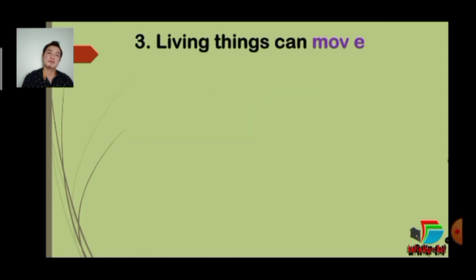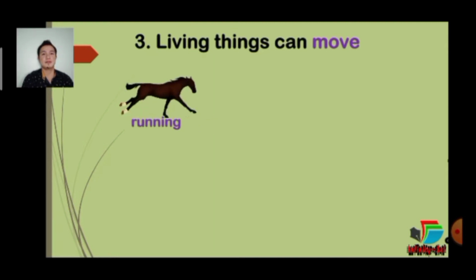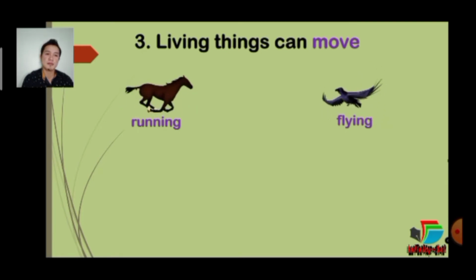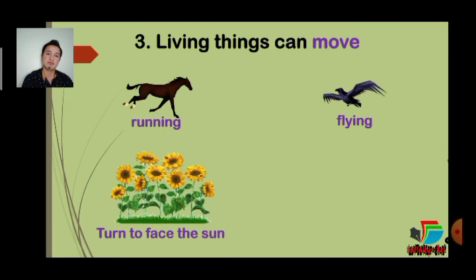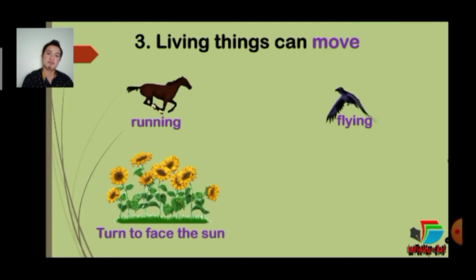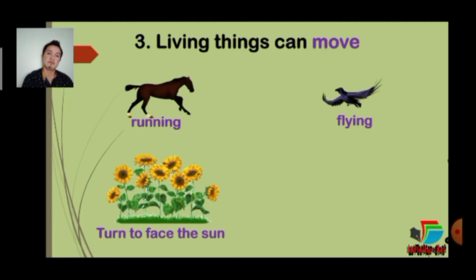Okay, let's move on to the next characteristic. Living things can move. In this example, we see some animals like the horse move by running. Some animals like birds move by flying. Other living things like plants turn to face the sun.